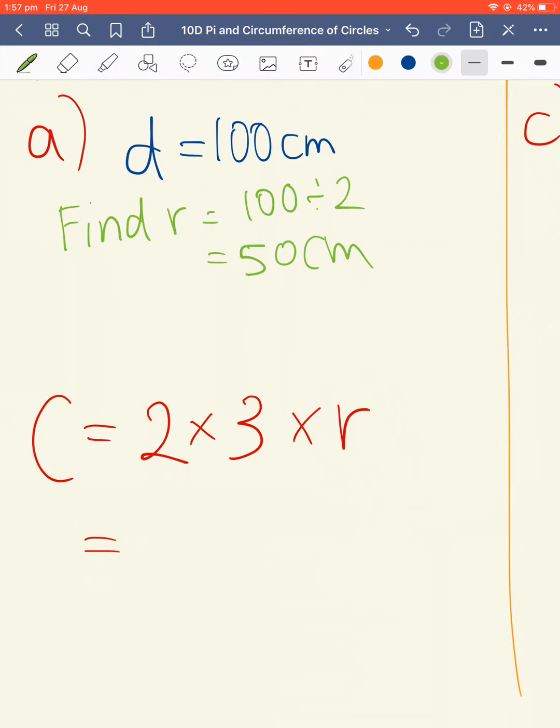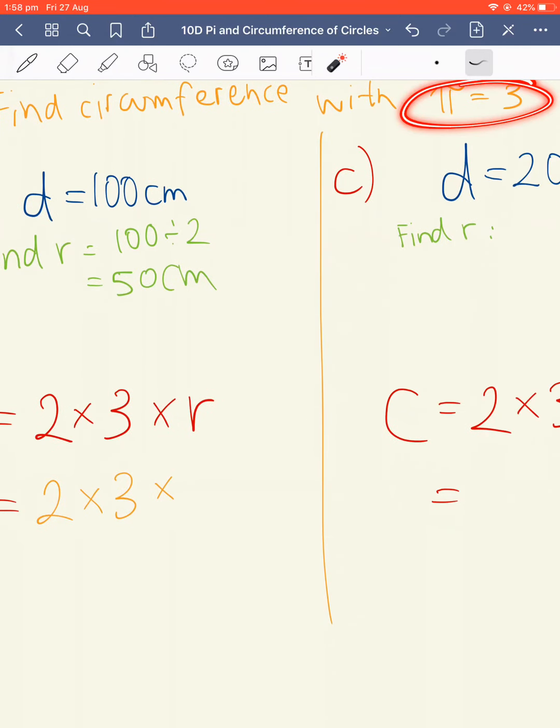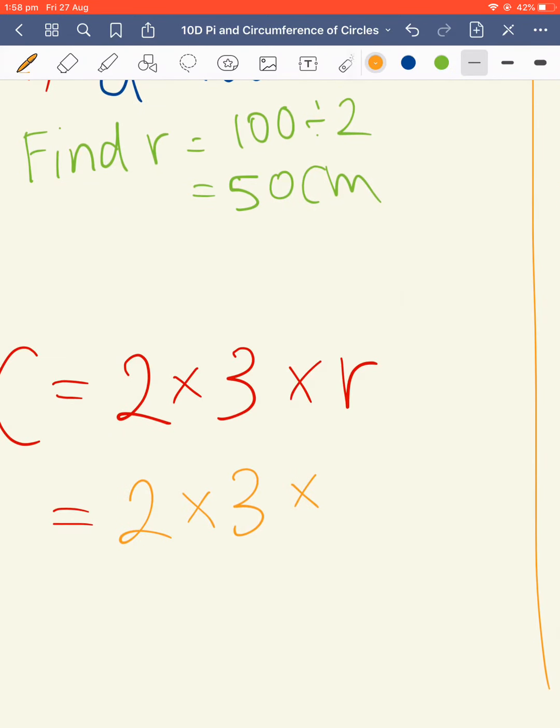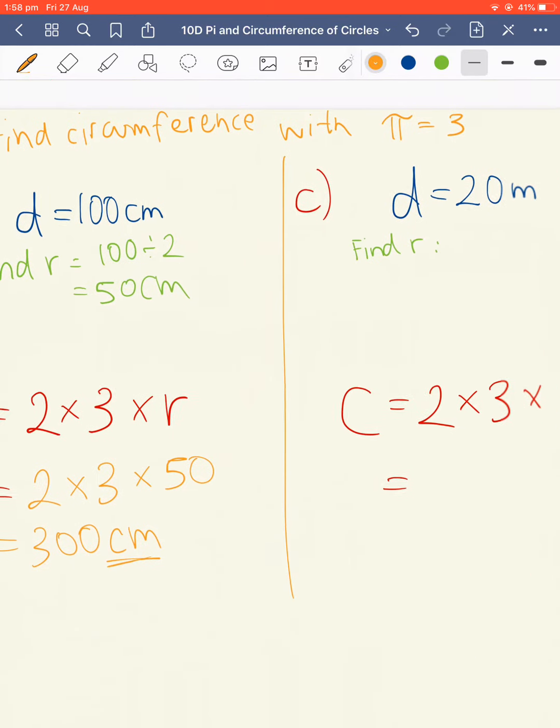So let's do that, shall we? I've got 2 multiplied by 3 multiplied by 50, keeping in mind the 3 is representative of your value for pi, which gives me 6 times 50, which then equals 300 centimeters, because we have got our units there.